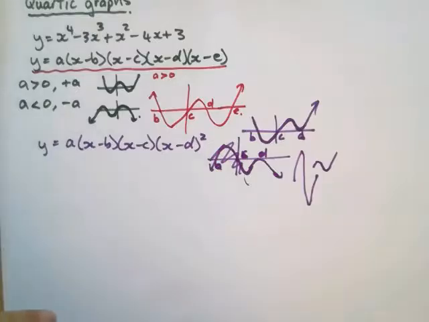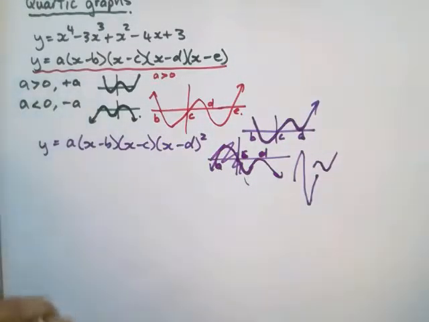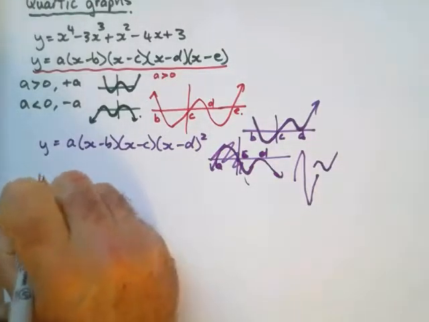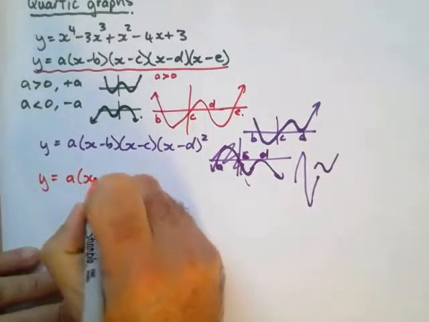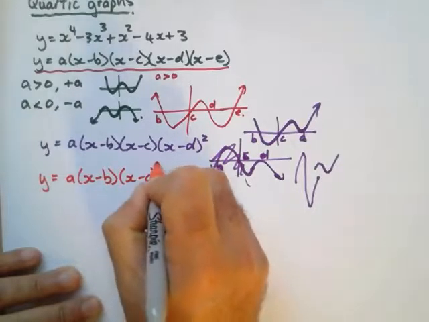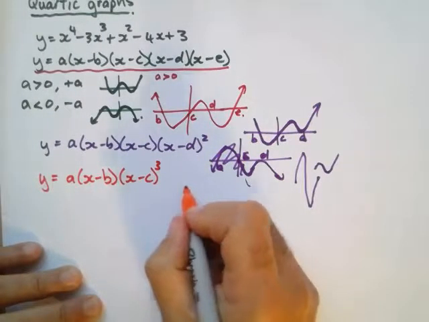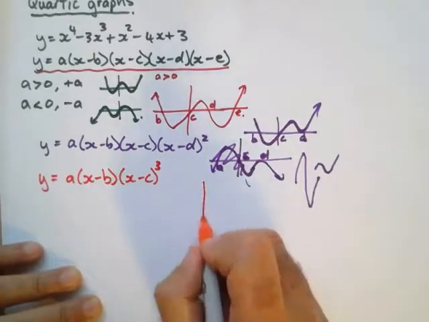Our next case is when we have a triple factor. If we have y equals a(x minus b)(x minus c) cubed, and I assume a is positive, I'll have this shape.